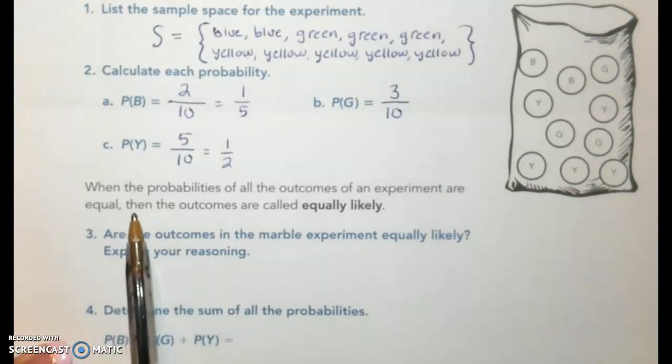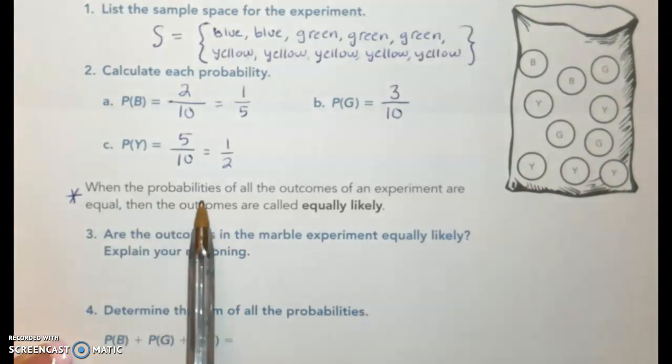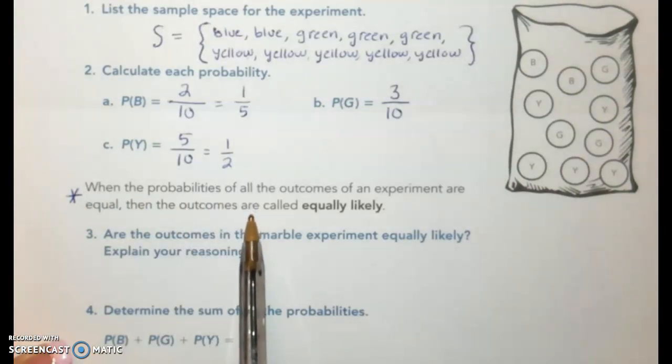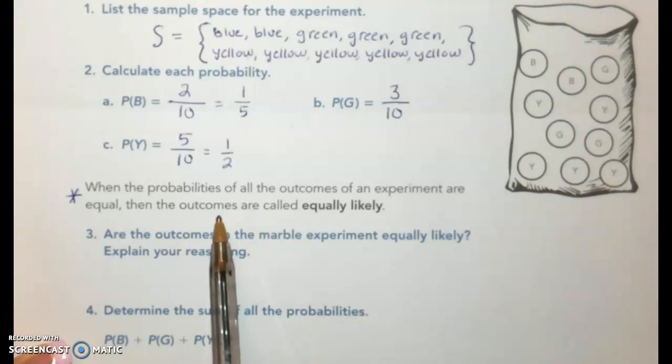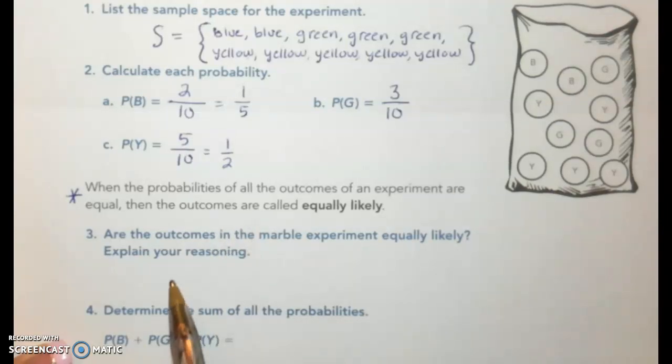One of the things we just went over at the beginning of this video is the probability line, and this next statement refers to that. When the probabilities of all the outcomes of an experiment are equal, then the outcomes are called equally likely. Question 3 asks, are the outcomes in the marble experiment equally likely? What do you think?